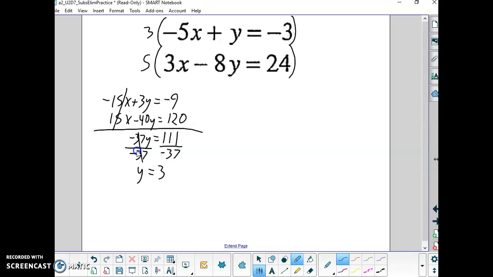Which one looks easier? I think the top one looks easier, even though there's a few negatives. Negative 5x plus, I'm just going to go ahead and write it down. And then I'm going to take my y, and I'm going to put it in here. So negative 5x plus 3 equals negative 3. And then solve this equation.